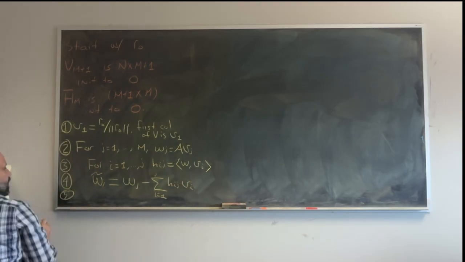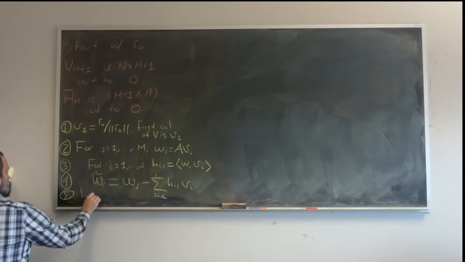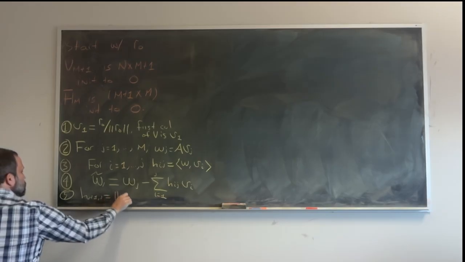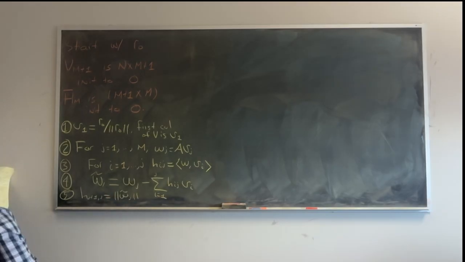And finally, step 5: h j plus 1, j is going to be the norm of wj tilde.